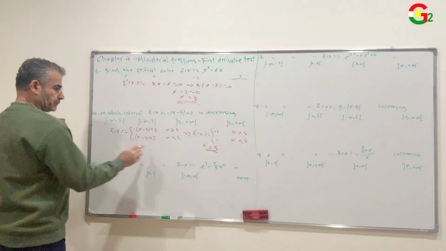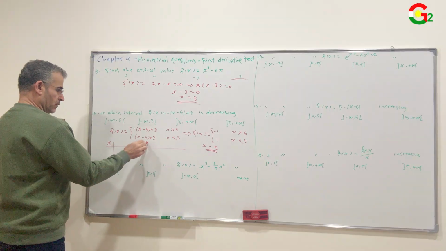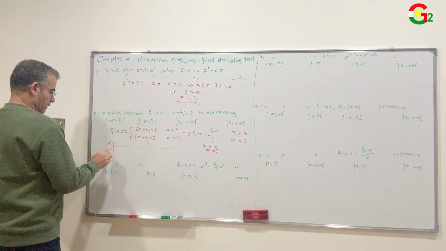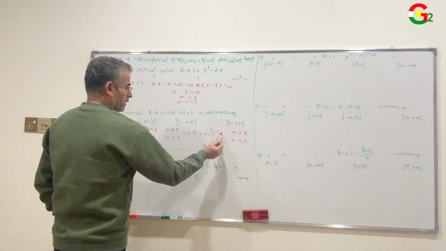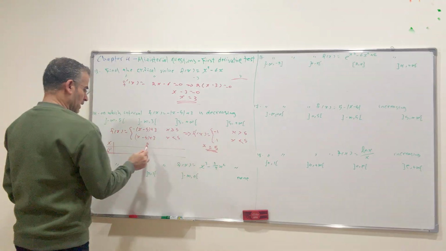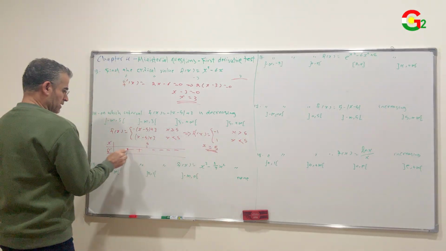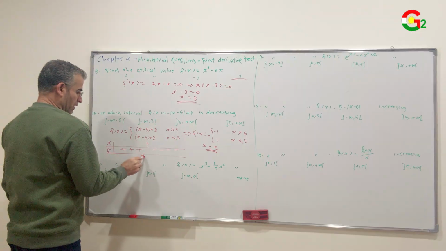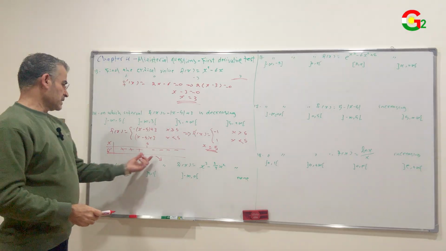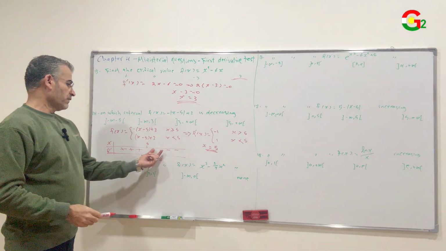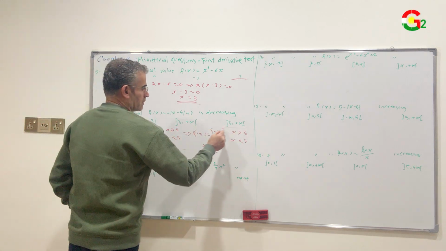Now find the sign of the derivative before and after 5. When x is greater than 5, the value is negative. When x is less than 5, the value is 1, positive. Therefore, the interval of decreasing is from 5 to positive infinity. Choice D.